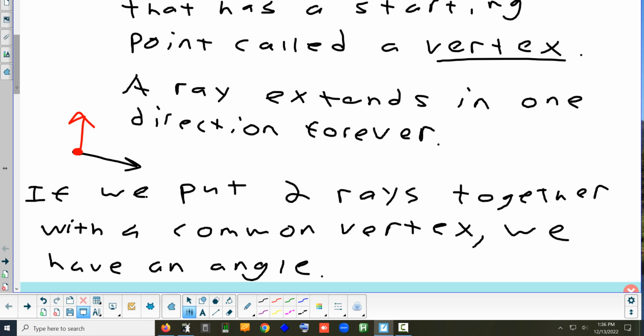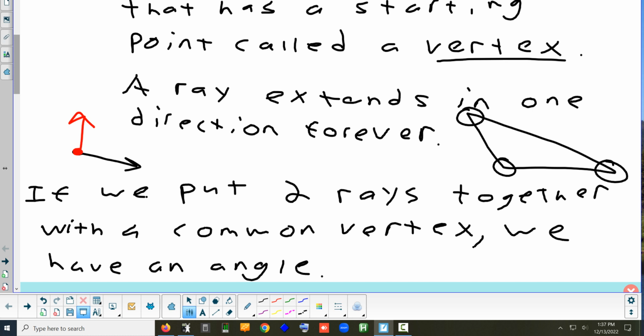Now if you draw a triangle like this, these 3 things right here, these are also considered angles. But these are not rays. Does anybody know what we call something that begins and ends somewhere? It doesn't go on forever? Yes? It's a segment.